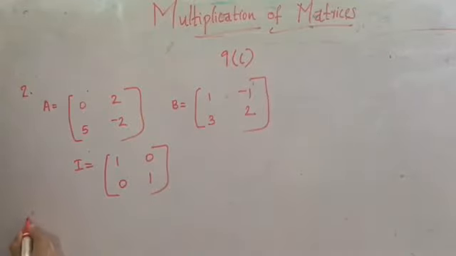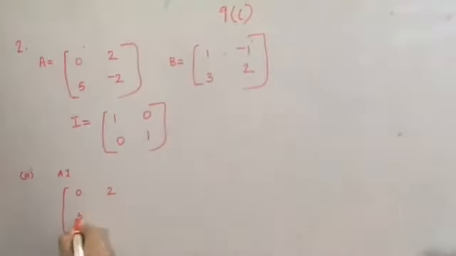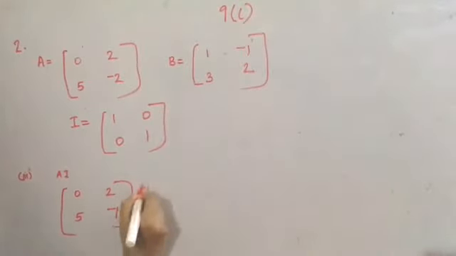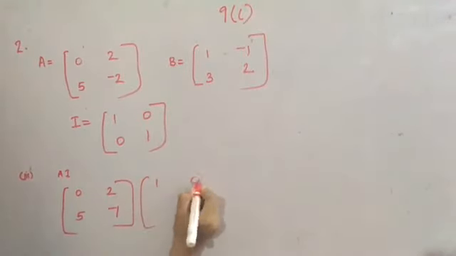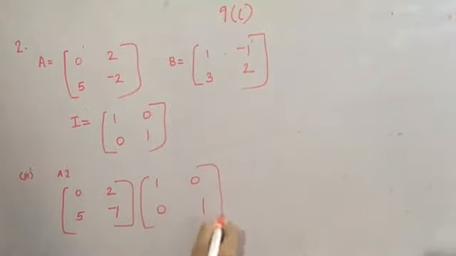Let's start with the next one. Third sub question, A into I. [0, 2; 5, -1] into [1, 0; 0, 1].